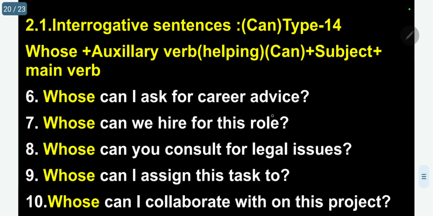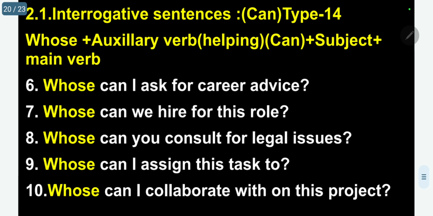Five more. Whose can I ask for career advice? Ask, main verb, can, auxiliary. Whose can we hire for this role? Hire, main verb, can, auxiliary. Whose can you consult for legal issues?